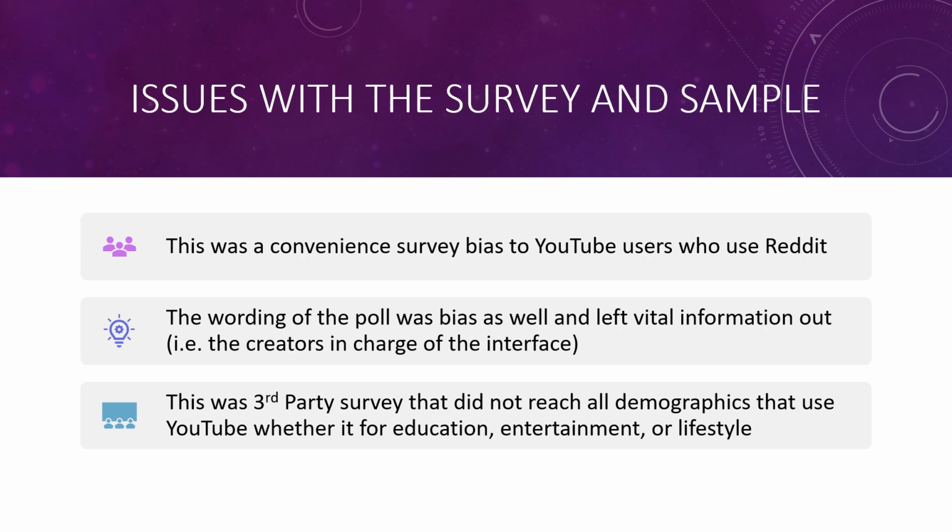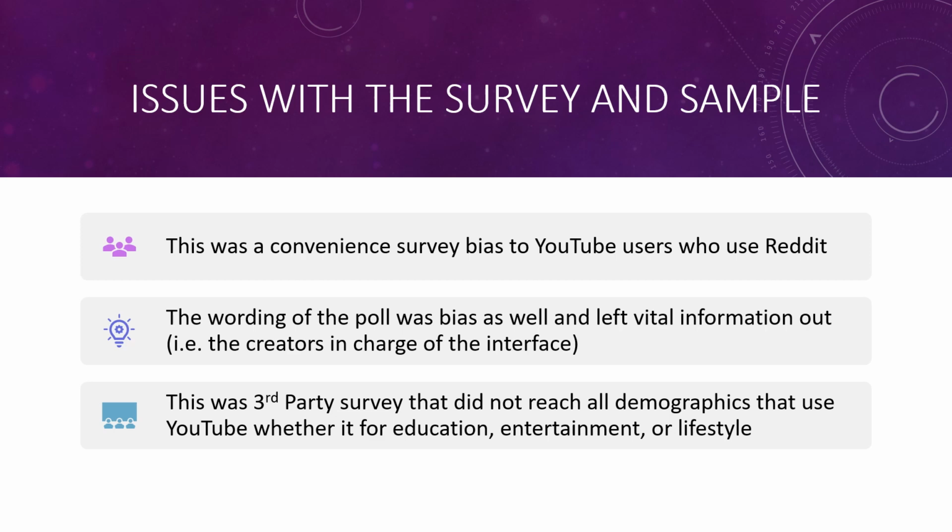The second is that the wording of the poll was biased as well and left vital information out. It just asked who disliked the removal of the dislike button and did not give any information that it was the creators who are in charge of the interface, the ones in charge of whether the button is there or not.